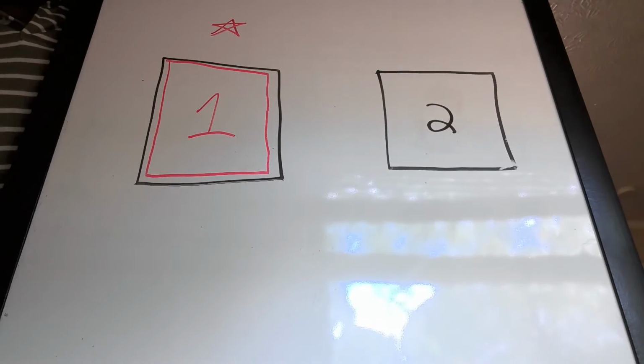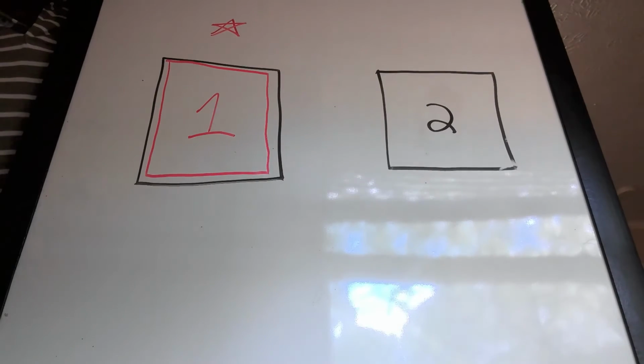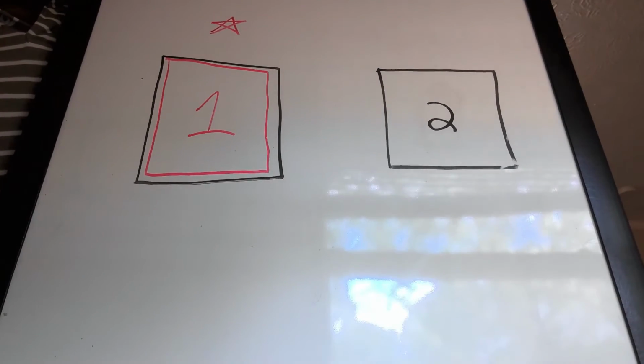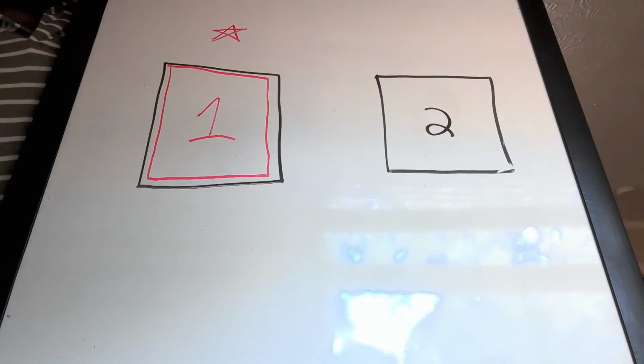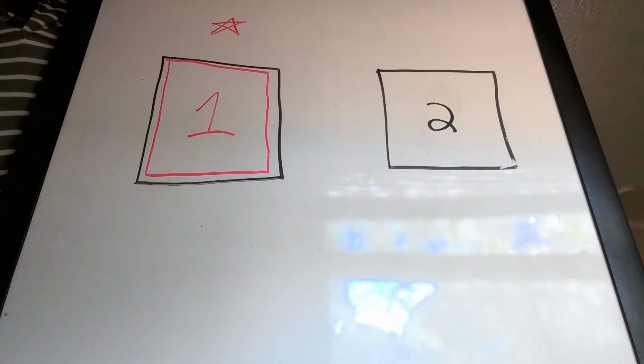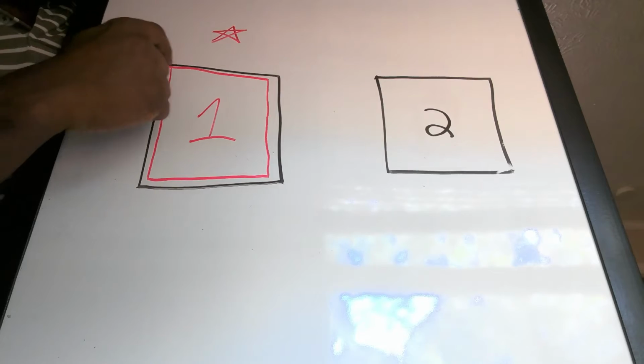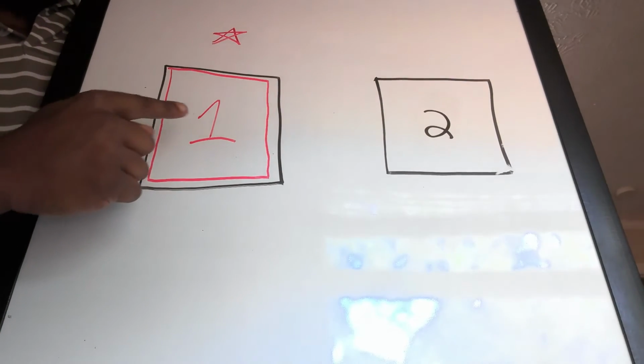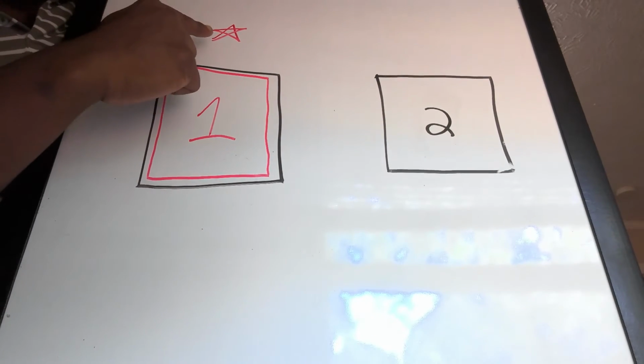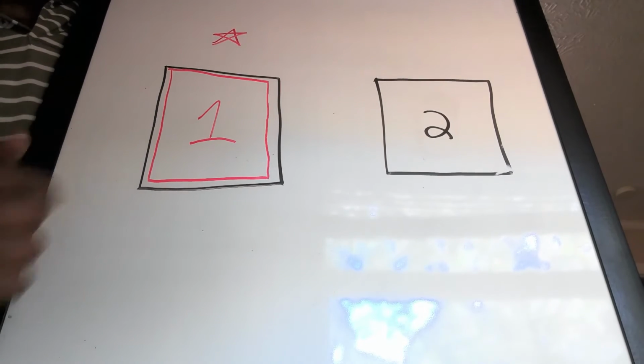Okay, guys, let's talk about a visual prompt. A visual prompt is a cue that the learner can use to find the correct answer. For example, if I ask the learner to touch the box with the number 1 inside of it, the learner would look and see that this box has a red outline and a red number 1, as well as a red star over this answer.